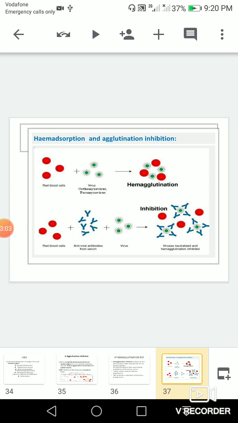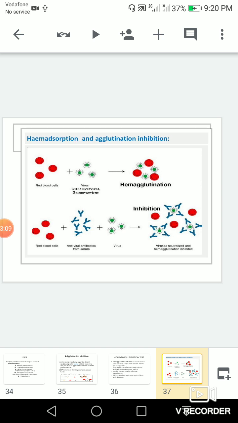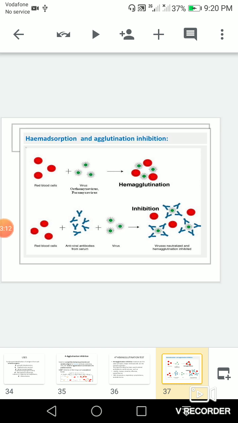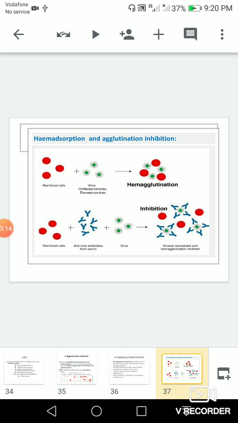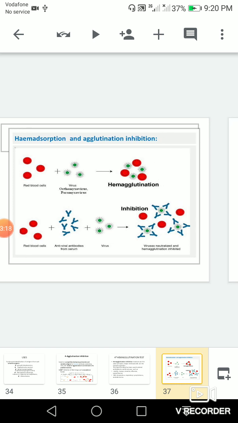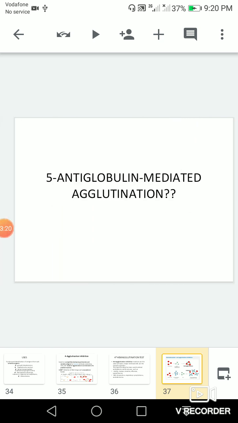If they are incubated with the person's RBCs, they bind to those RBCs. Then if antibodies against this virus are present in the serum of the person whose sample you are testing, the virus will bind to its antibody and leave the RBCs. So there is an agglutination inhibition reaction for the positive test.